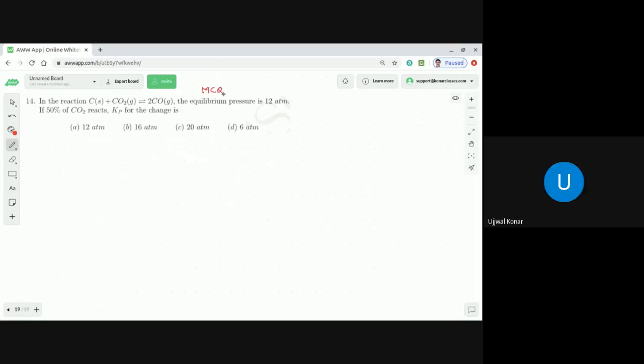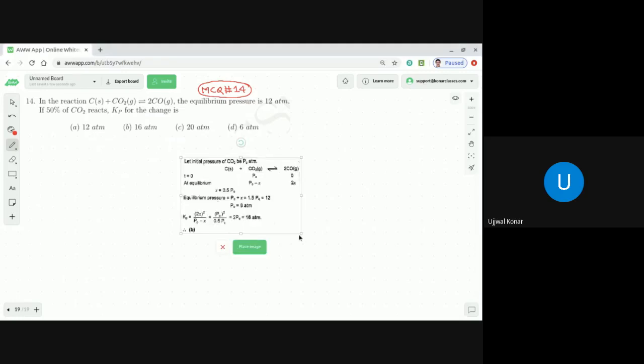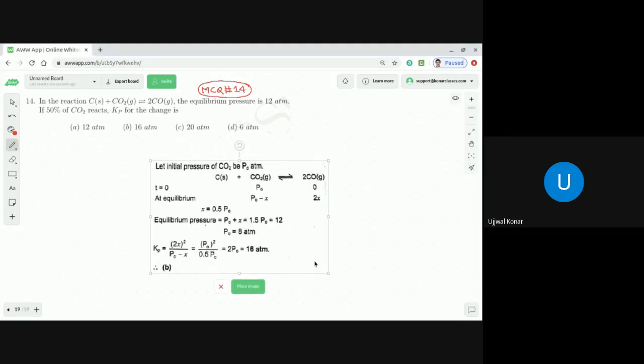What about you, Shrest? Tejas, what's the answer you got for question number 14? Yes, Pratik, you are indeed correct. It is option B. Dear Shrest and Tejas, let me share the solution for you. Please go through it. If you need any assistance, please do let me know.